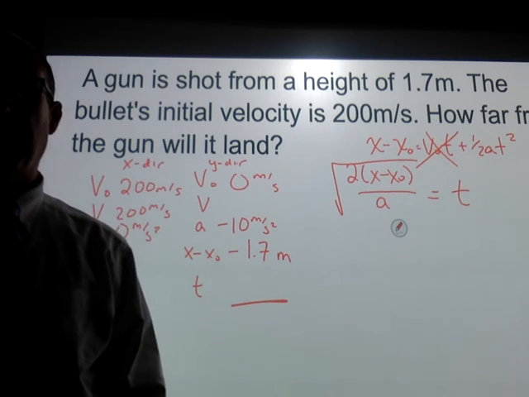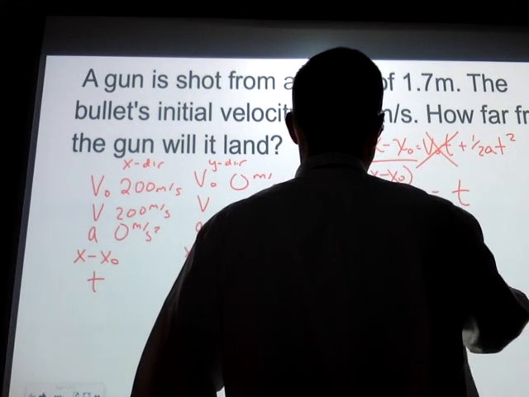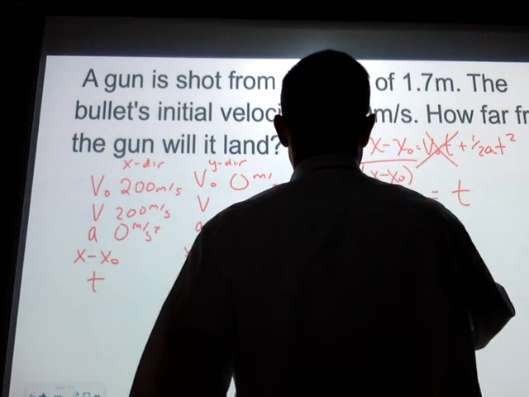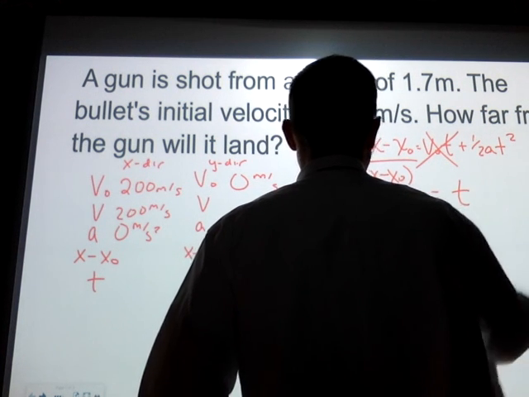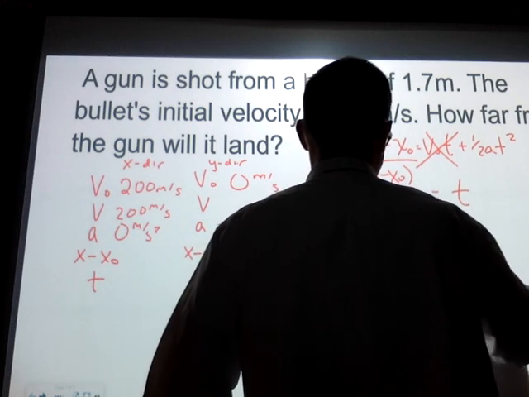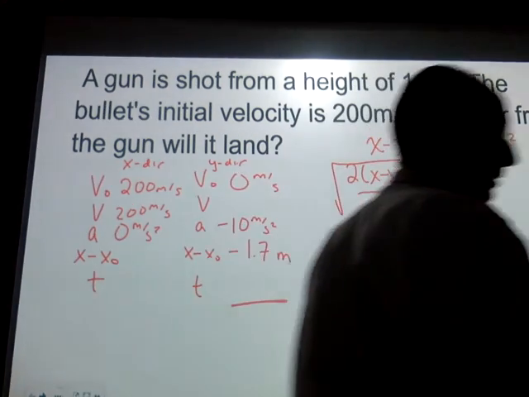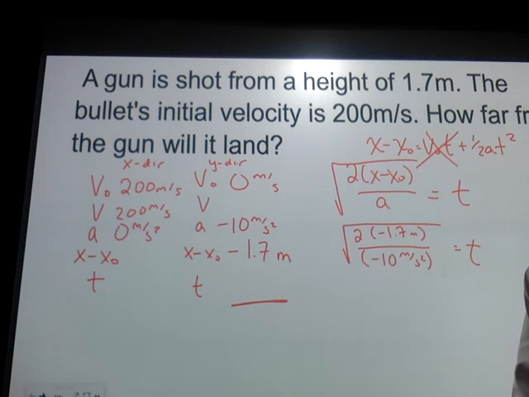And then what I'm going to do is I'm going to plug in what I know. And so I have 2 times negative 1.7 divided by negative 10, squared. And on those Edpuzzles, I solved a number of these with you guys.